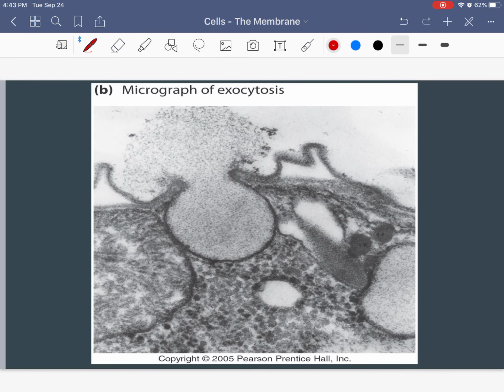Exocytosis. And this is a micrograph. This right here is our cell membrane, and this is our vesicle. You can see where it's bound directly to the cell membrane, and then the contents of that vesicle can leave. Examples of when you'll see this in the cell is when the Golgi apparatus is trying to ship proteins out.